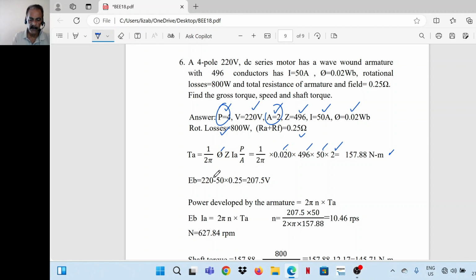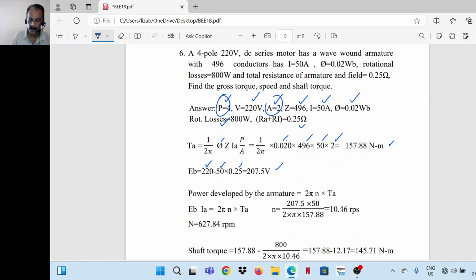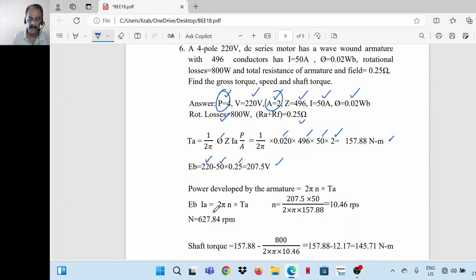Back EMF is equal to V minus IaRa, 220 minus 50 into total resistance 0.25. V minus Ia into Ra plus Rf, that is 207.5 volts. So speed can be found from this relation. EB into IA is 2 pi n into TA, or n is equal to EB into IA divided by 2 pi TA.